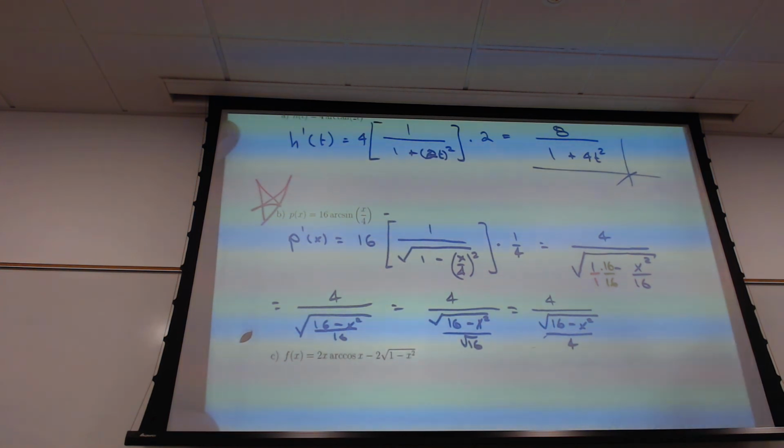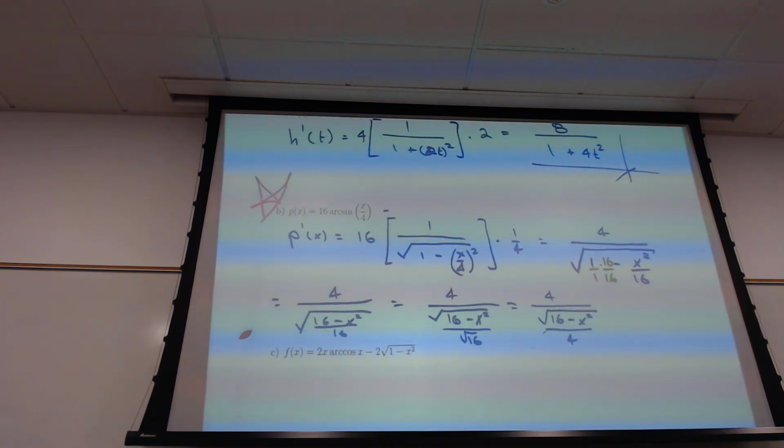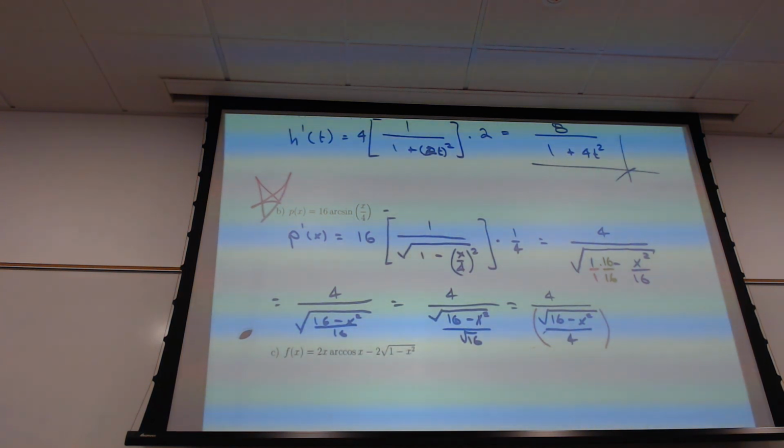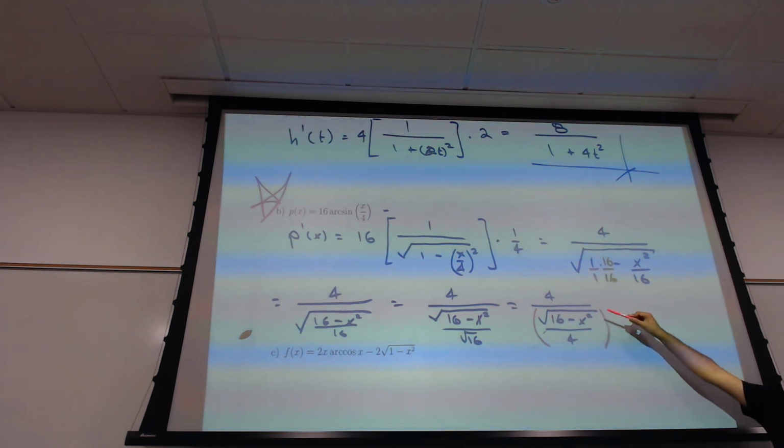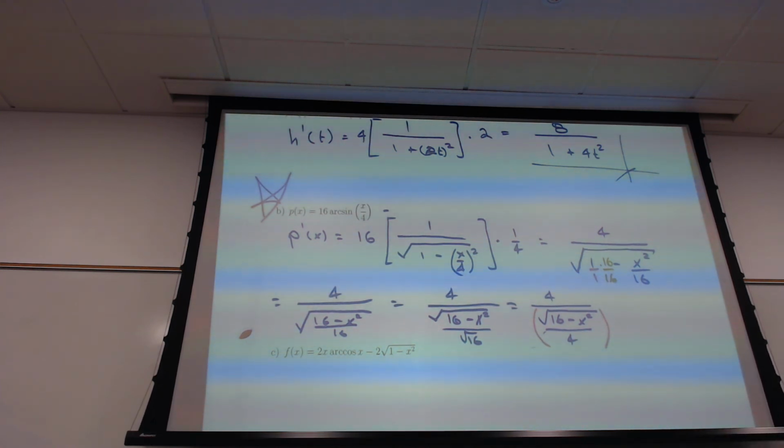Now be careful here. This is where it might look a little bit weird, because which one are we dividing by? The lower fraction. And what do we do in order to divide by a fraction, by the way? Multiply by the reciprocal.